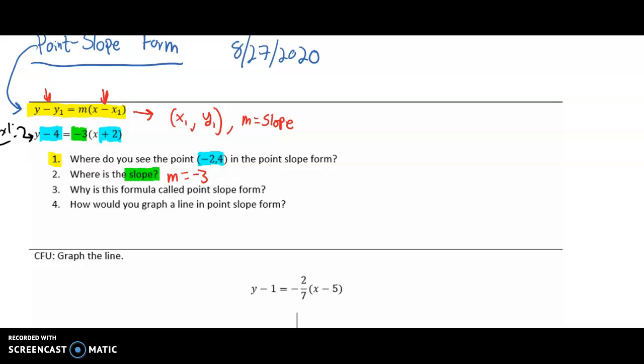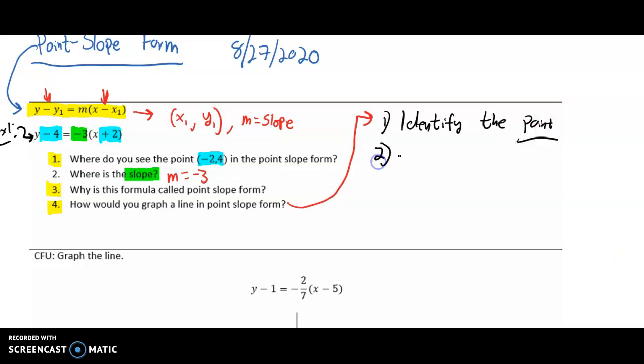It is called point slope form because it uses one point and a slope. How would you graph this line in point slope form? Let's break this one down. Step 1, I would identify the point. I would identify the slope.